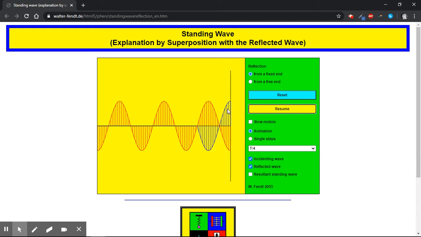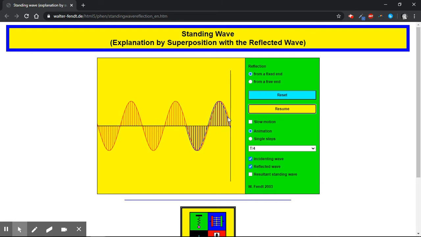If you said, oh yeah, well look, it's the same and opposite, it should be a flat line. And there's a resultant. What do you get here? Two crests meet, big crest. Two troughs meet, big trough. Correct. Notice there's an N, an A, an N, an A, an N. Let's continue it.